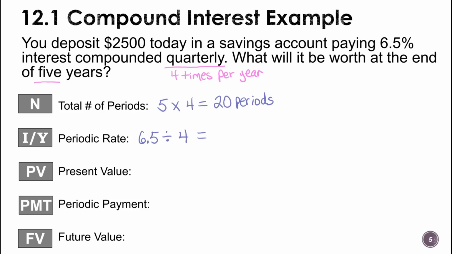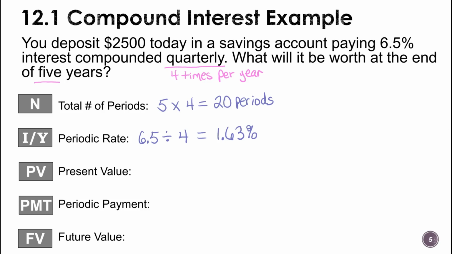Second, and you can see right above the plus minus, and push enter. Now, if I have my calculator set on 2 decimal places and I divide 6.5 by 4, then I get 1.63. By the way, we do not change interest rates to a decimal for this when we use the TVM keys.